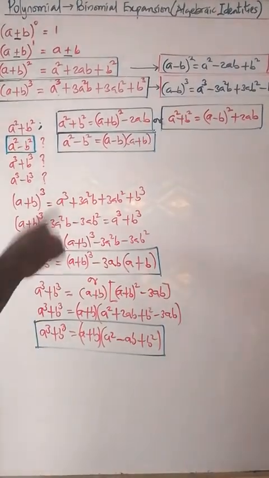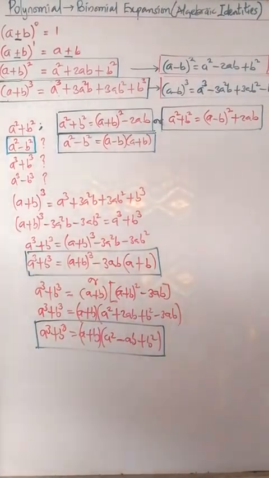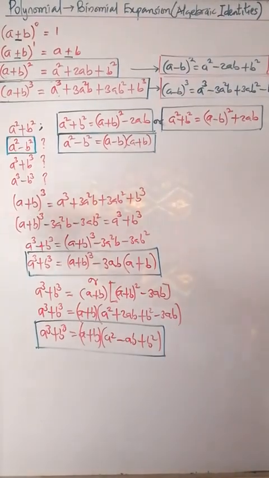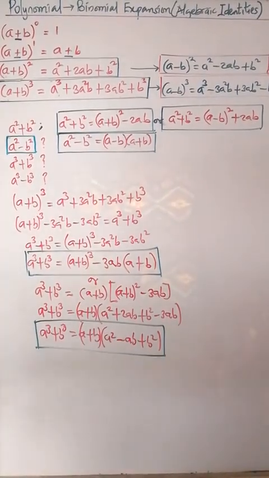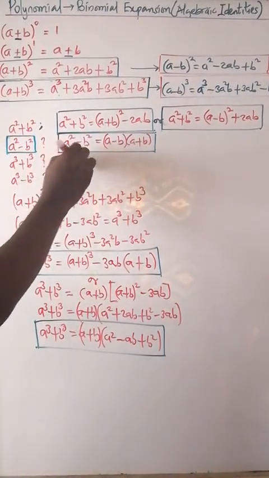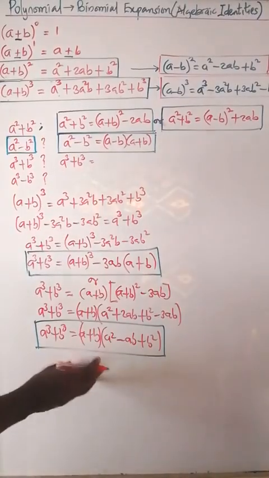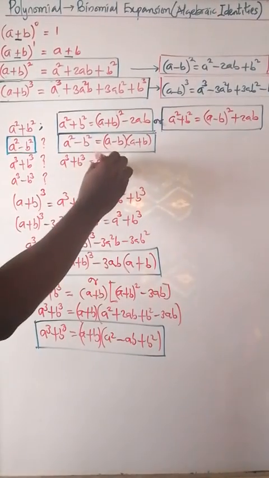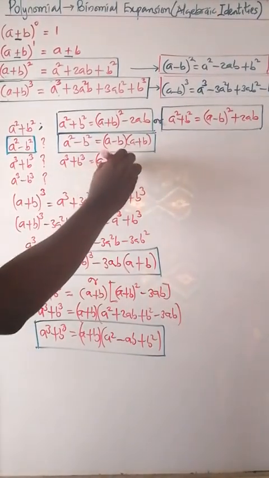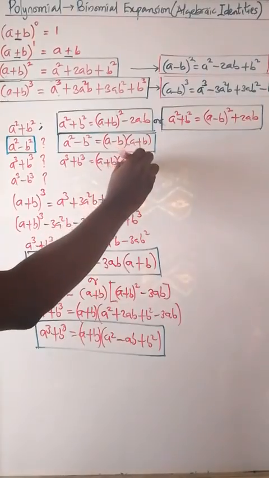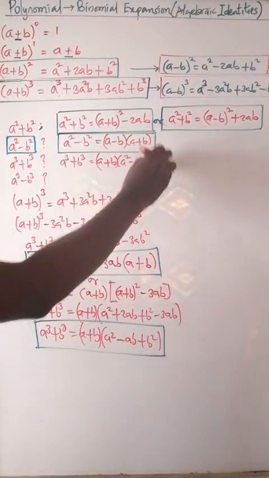Please always write this down in your notes, please. You will need it later. You make reference to it later. So the answer of this is ready. So it means A cube plus B cube equals, writing this one, A plus B multiplied by A squared minus AB plus B squared.